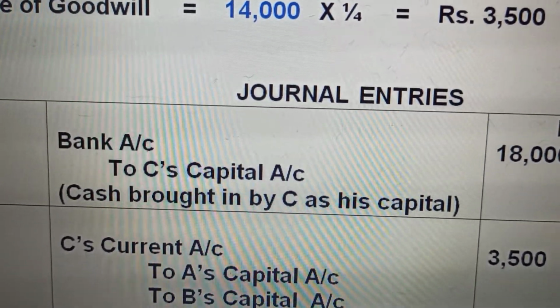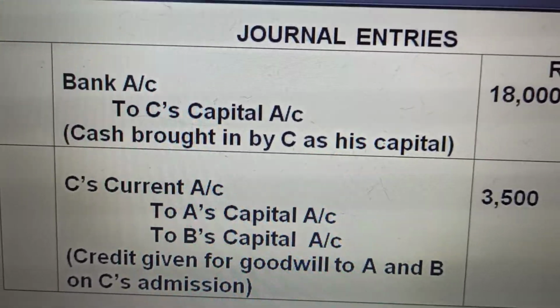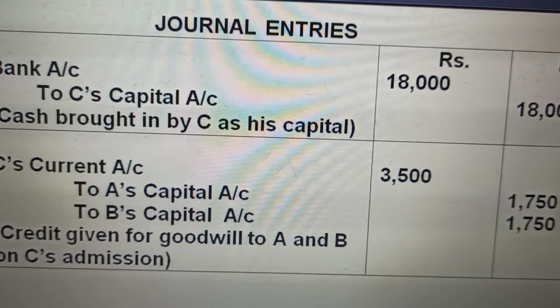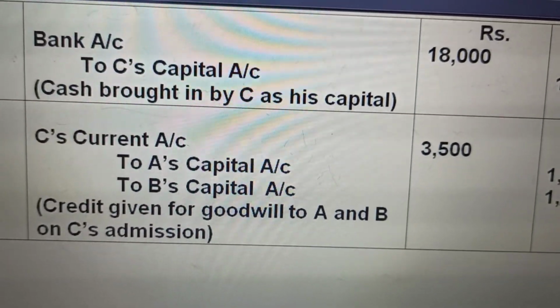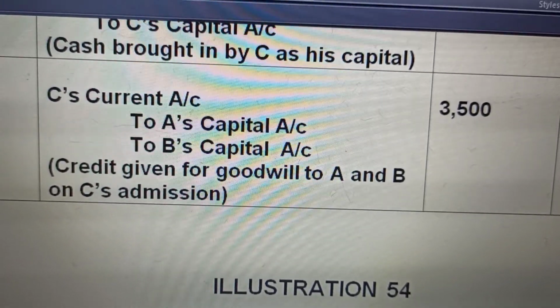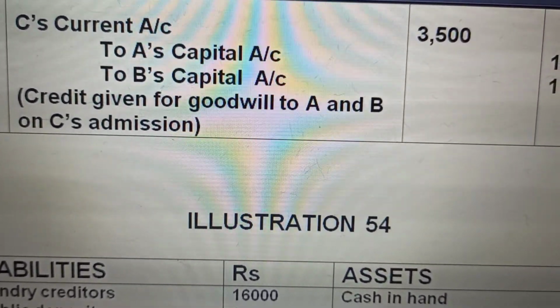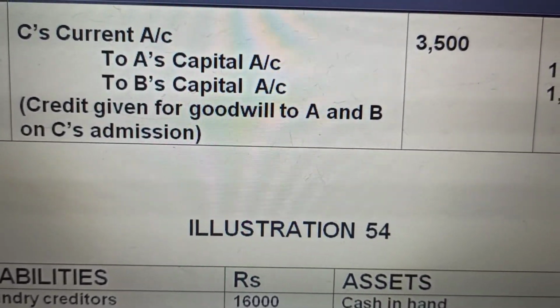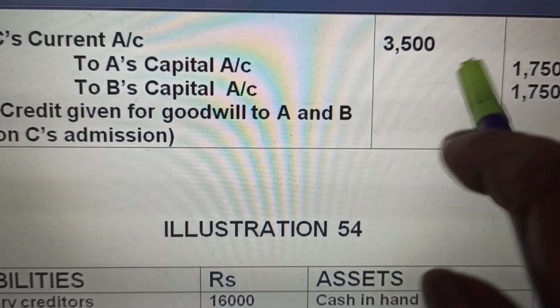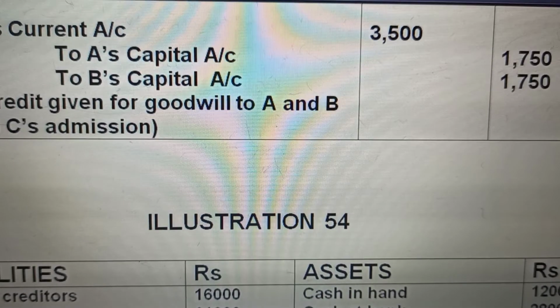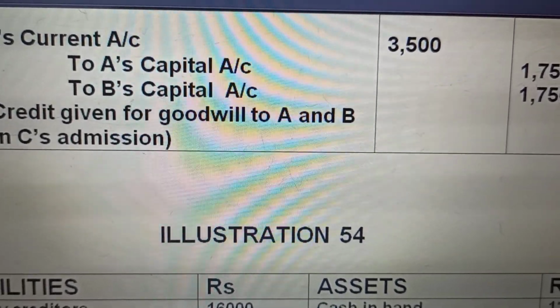We have learned: he brings in his share of capital in cash, bank to C's capital, that is 18,000, C's current account, the new partner's current account to the old partners, that is, the 3,500 is distributed to A and B in which ratio? The sacrifice ratio. And the question is done. Are we clear?